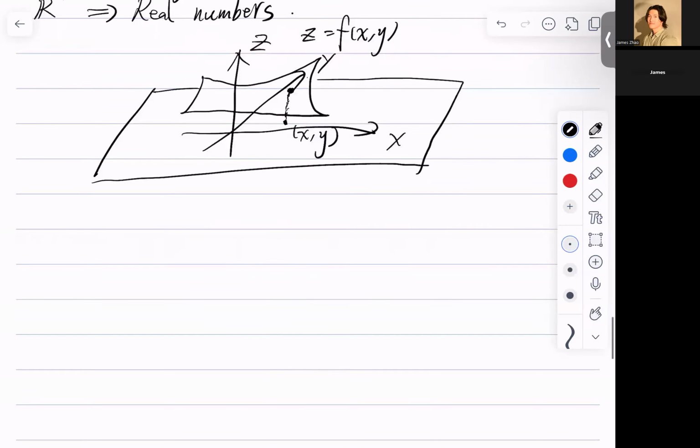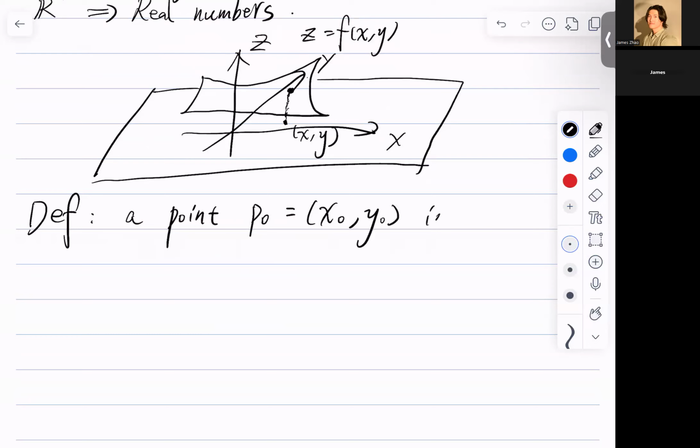So let's define critical point in this context. Now we have two inputs in our state space. So the definition actually carries. Now let's consider a point P naught, which can be represented as x naught, y naught as a tuple in the xy plane.